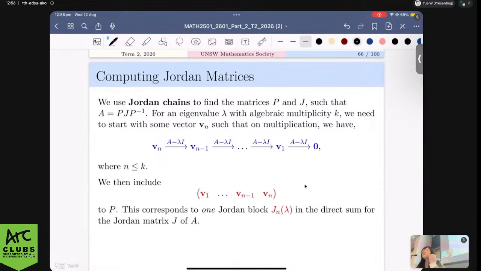Okay, and now computing Jordan matrices. A fast way you can go about this is to consider Jordan chains to find the matrices P and J such that this form here is true. So for an eigenvalue lambda with algebraic multiplicity k, we need to start with some vector Vn such that for each ongoing multiplication, we get that this is true, right?